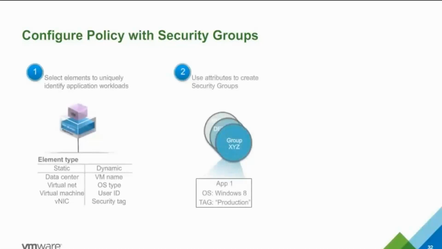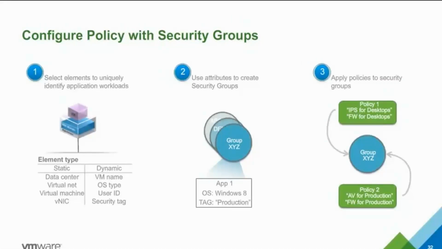So we can identify membership in security groups by lots of different things. It can be objects like the data center object in vCenter, or the virtual network, or the virtual machine name, or we could do it by IPs too. We can also do it with this thing called security tags, or other attributes in Virtual Center.